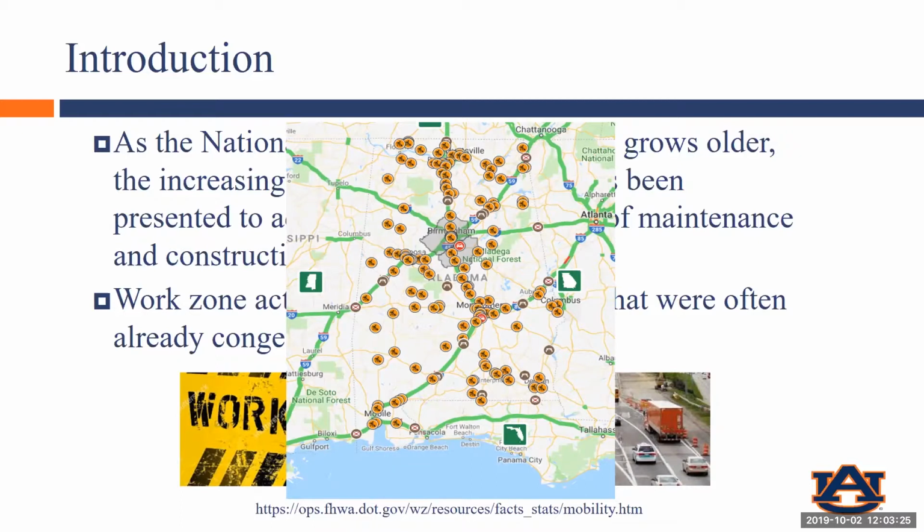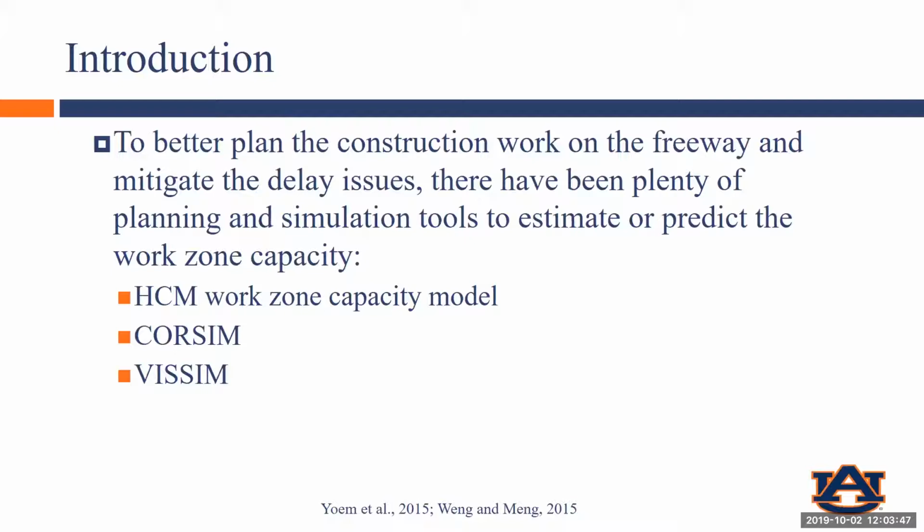There are a lot of things going on. So how to better plan work zone traffic control, and how to use simulation tools to estimate the potential delays caused by work zones, I think this is a very important issue for state agencies.